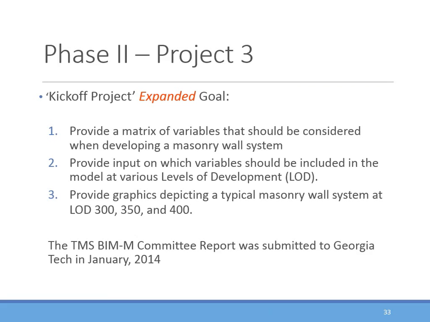And then we developed some input on which of those variables would be included in the model at various levels of development, or LOD, and I'm going to get into that a little bit more later. And then we provided the graphics as a backup that would depict some of these typical masonry wall sections at an LOD 300, 350, and 400. And as I said, we handed this off in January.